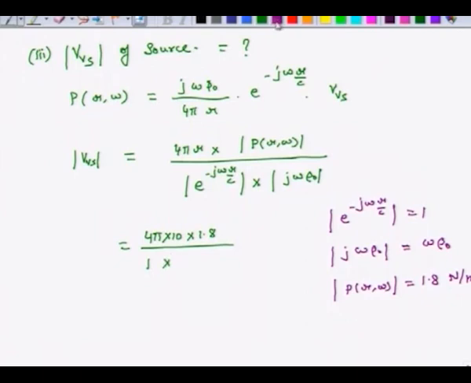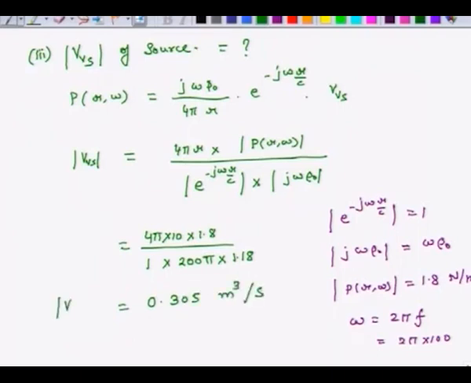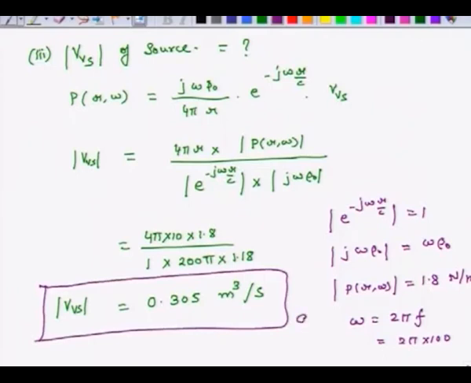Omega equals 2 pi f, which equals 2 pi times 100 hertz, so that is 200 pi, times density 1.18. If I do the math, this equals 0.305 cubic meters per second. So, that is my magnitude of volume velocity, and this is my equation 9.